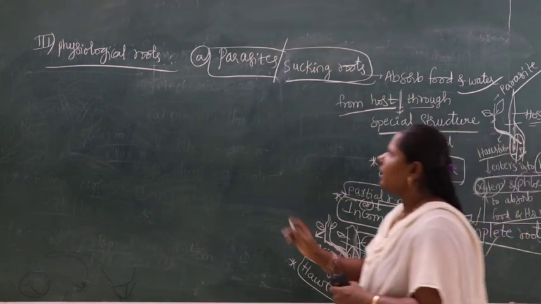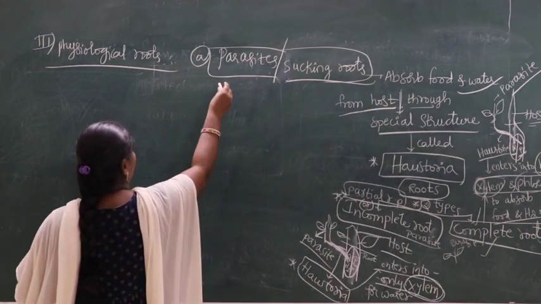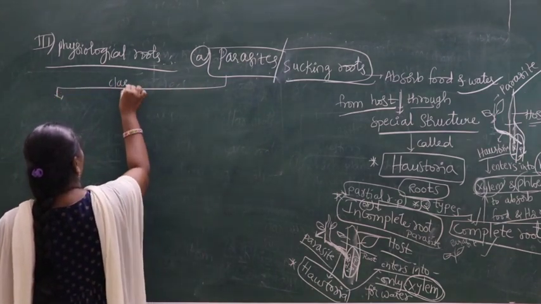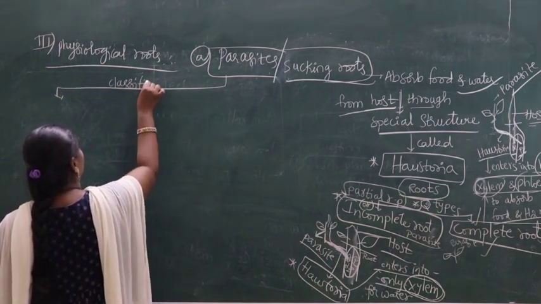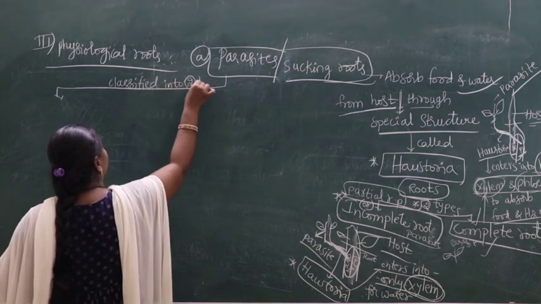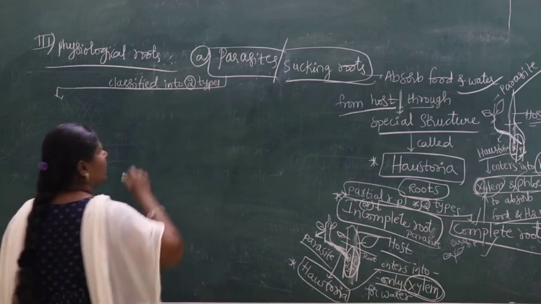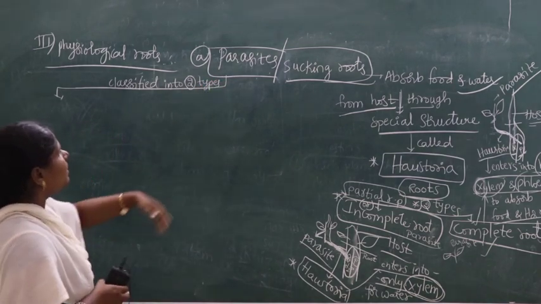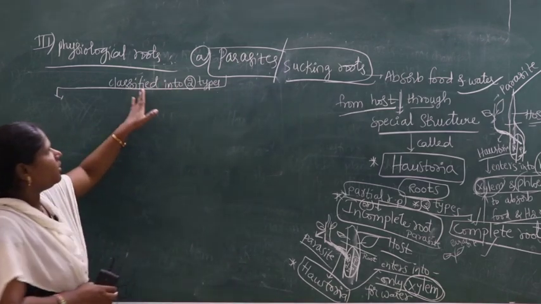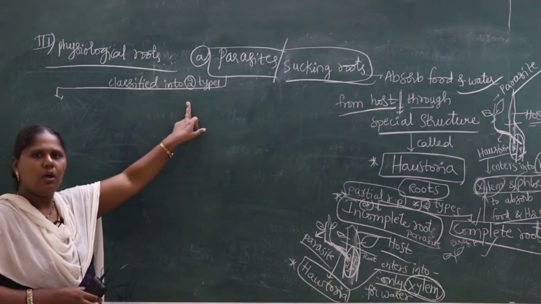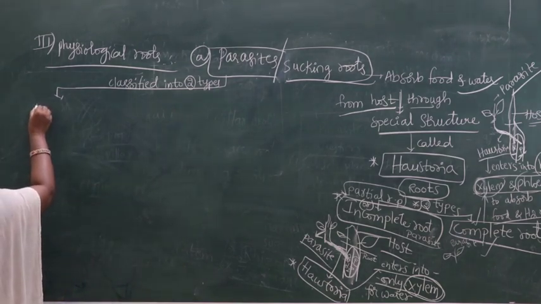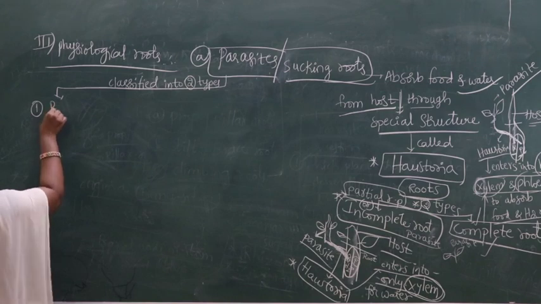Now let us study main categories. Parasites are further classified into two types. So what are we discussing now? These parasites or sucking roots are further classified into how many types? They are classified into two types. What are they? Let us take the first one: root parasites.